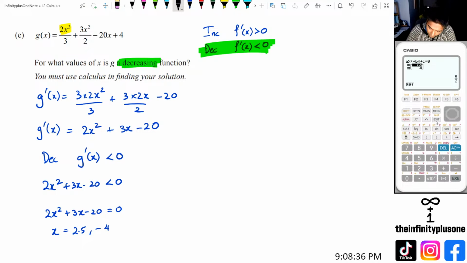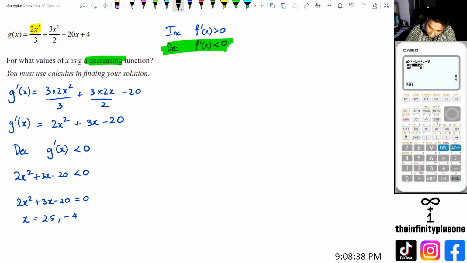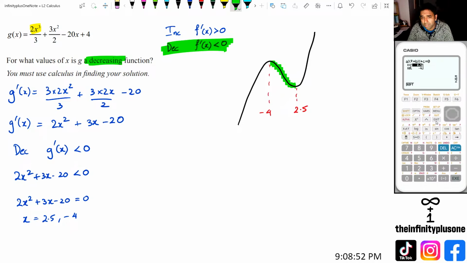If it's a positive cubic, it's going to look like this. And our points are -4 and 2.5. If it's decreasing, it's going to decrease from here to here. So straight away, you can see that the answer is x between -4 and 2.5.